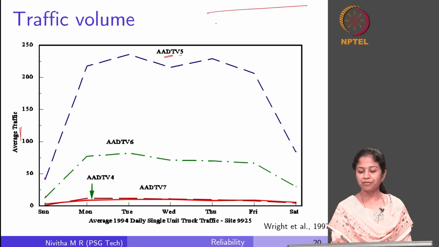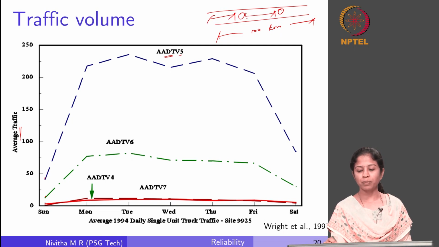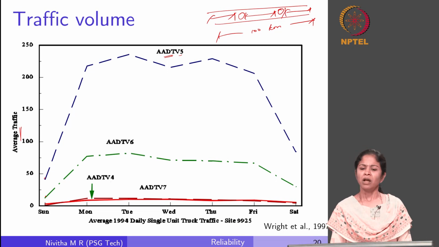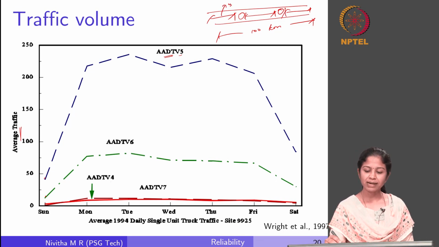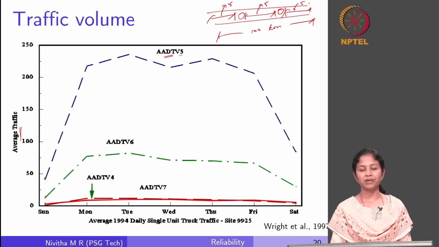So, if I have a 100 kilometer stretch of road, let us say I have 2 intersections here, probably we assume this to be one homogeneous section, we assume this to be another homogeneous section, we assume this to be another homogeneous section. So, let us say I am considering 5 traffic surveys here, 5 traffic surveys here and 5 traffic surveys here, right.